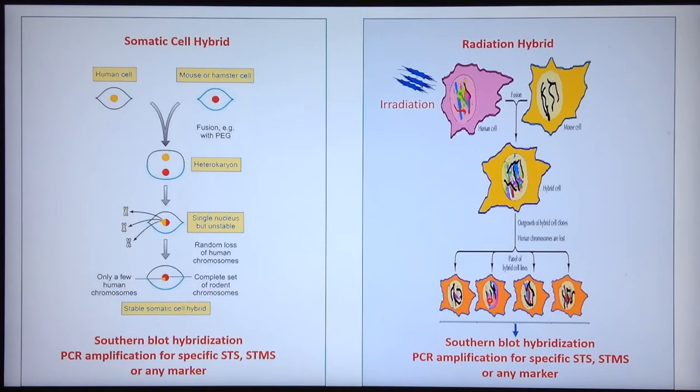Whichever cell gives a positive result has X present in it, or we can proceed with Southern hybridization. Whatever cell gives a positive result will have that X and will have the representation of that particular chromosome. So this is a physical mapping technique, and it generates a high resolution map of the genome.